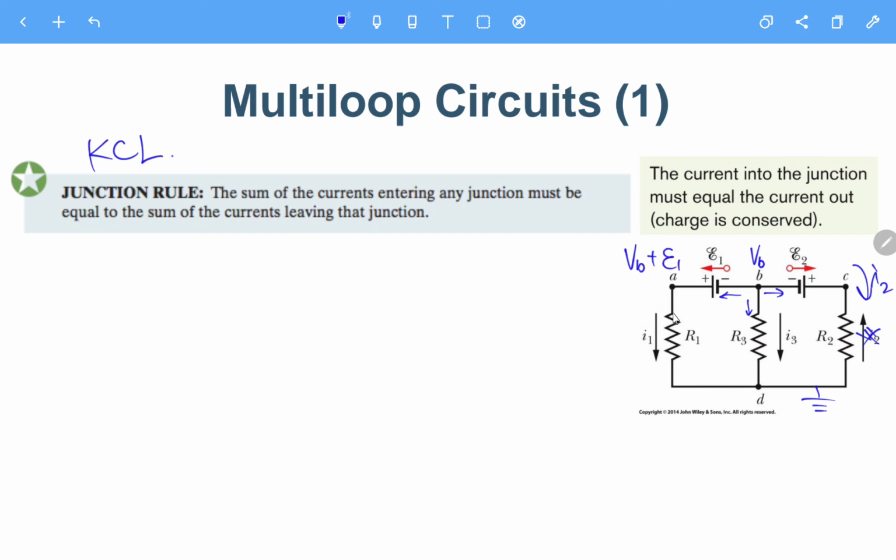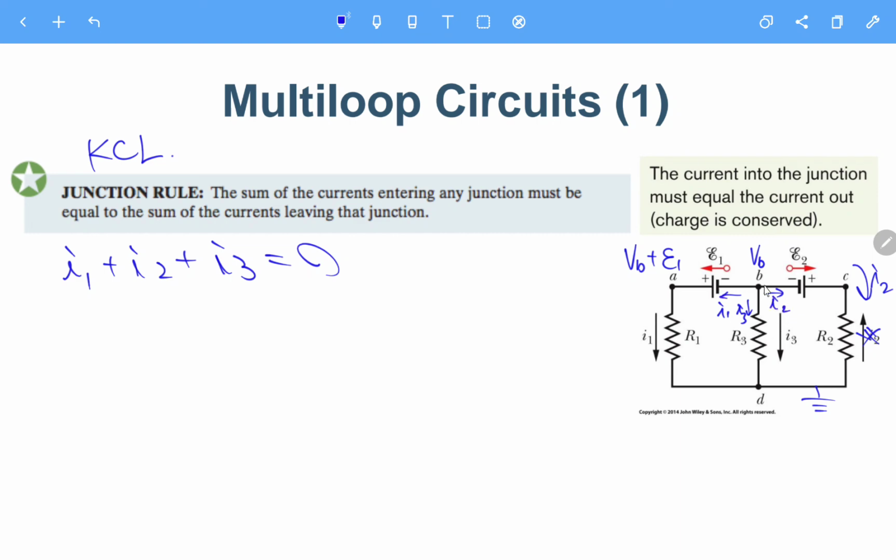According to Ohm's law, the voltage difference across this R1 will be VB plus E1 minus 0. So I1 plus I2 plus I3 should be 0, because I1 is going to this side, I3 is going from top to bottom, and I2 is going from left to right.